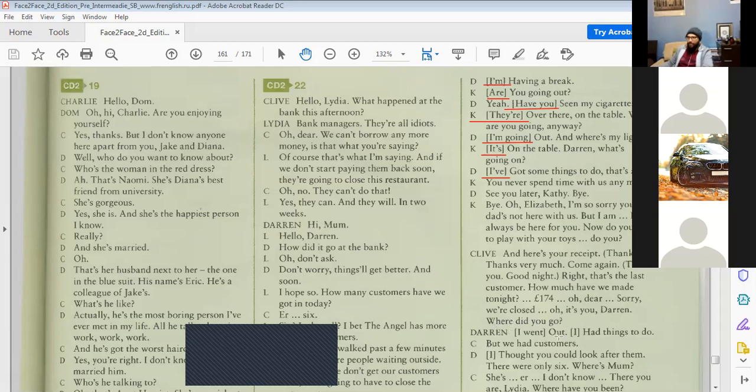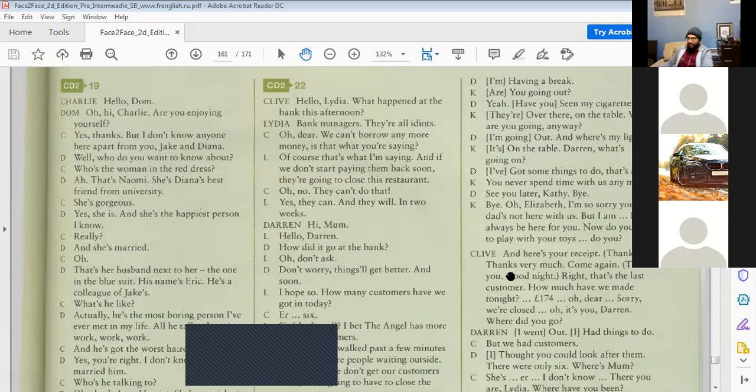What did he say? Out. He didn't say, I went out. And then he said, had things to do. He didn't say I. And again, he didn't say I. Thought you could, do you get the idea? So, thought you could look after them. I. So these are some of the missing words.